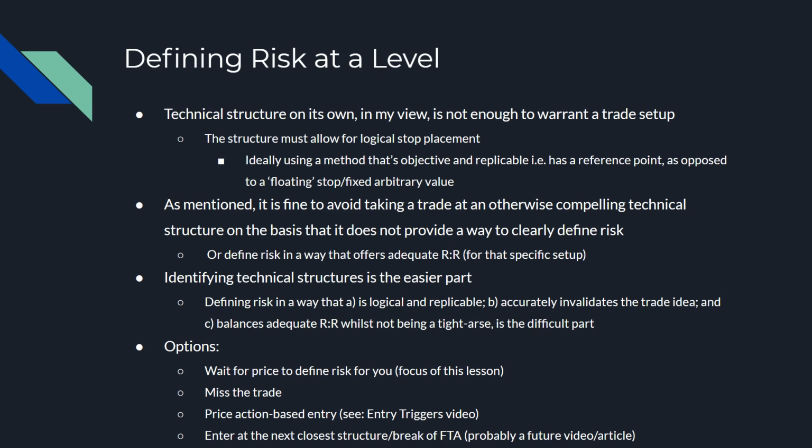And again, repeating the point that it's fine to not take a trade at a compelling structure, and so on and so forth, right? Now, identifying the technical structure is the easier part of those two legs. The difficult part is defining risk in a way that's logical and replicable, accurately invalidates the trade idea, which is what I was just talking about, and balances adequate risk-reward whilst not being a tight ass, right?